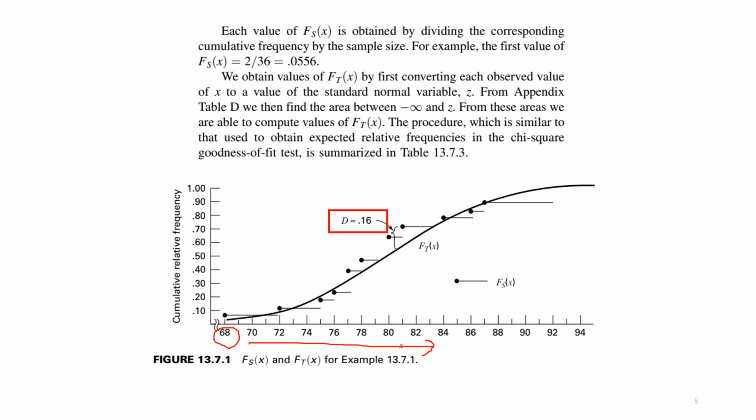This D, about 0.16, was the largest difference. Actually, not exactly 0.16, it was 0.157 or so. That is the part that shows the largest difference between the sample distribution and the theoretical distribution.